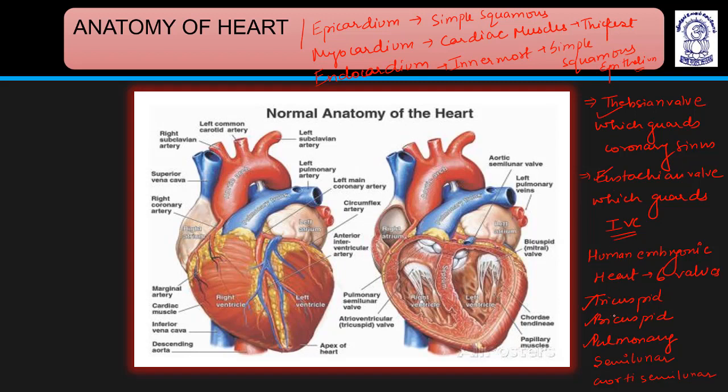One, two, three, four, five, and six. Six valves. The Thebesian and Eustachian valves merge into the musculature of their respective veins after birth.